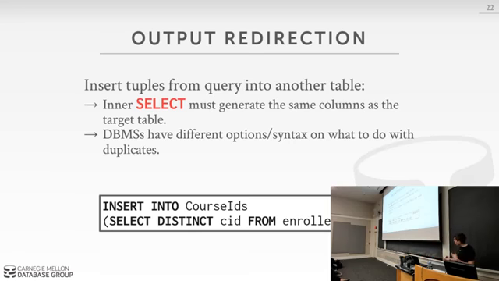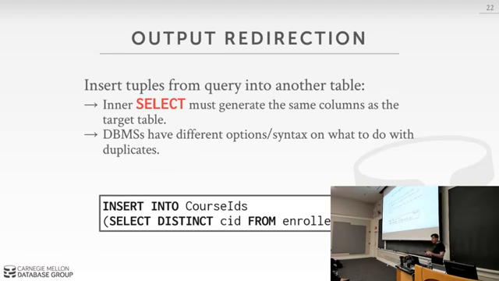Now, where things get weird is when you have constraints on the table you're trying to write into, and the select statement actually violates those constraints. So let's say that I have a primary key on my table that says I can't have any duplicate student IDs, and then my insert query here tries to start inserting duplicates.